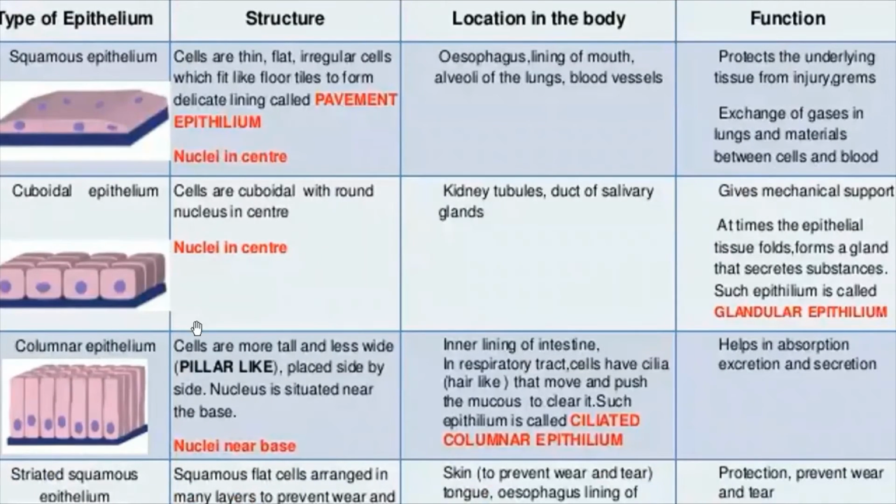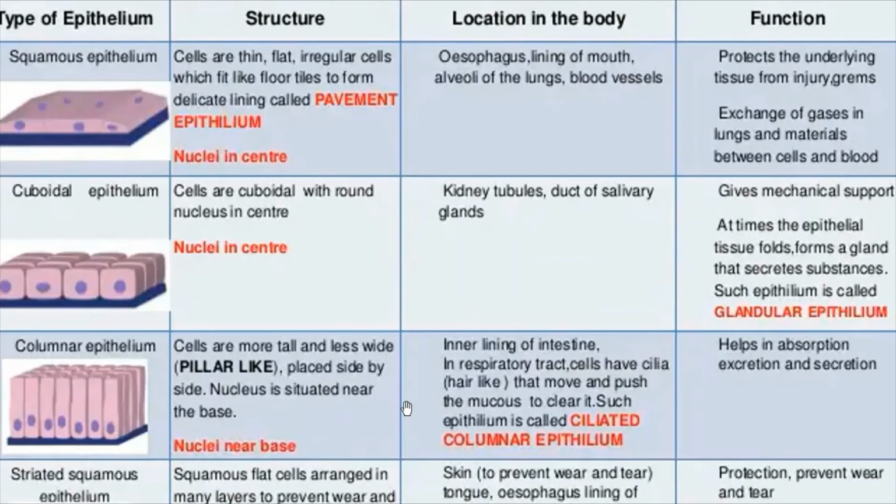Now comes the columnar epithelium, that is in the form of cylinder. That is why that is called columnar epithelium. Cells are more tall and less wide, that is pillar-like, placed side by side. Nucleus is situated near the base. Okay. In both squamous epithelium and cuboidal epithelium, nucleus was in the center, but in columnar epithelium, the nucleus is towards the base. Now, where it is found?